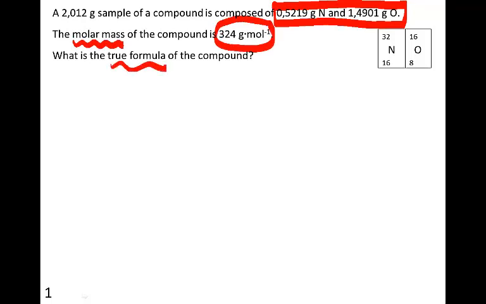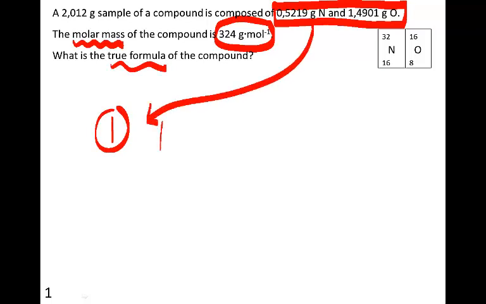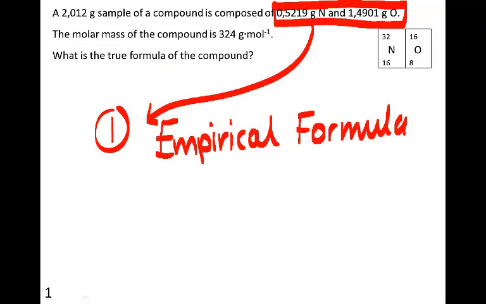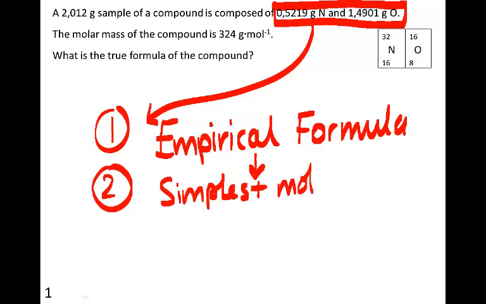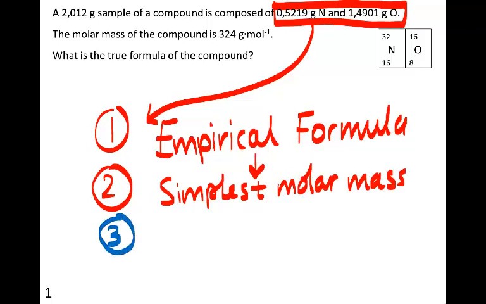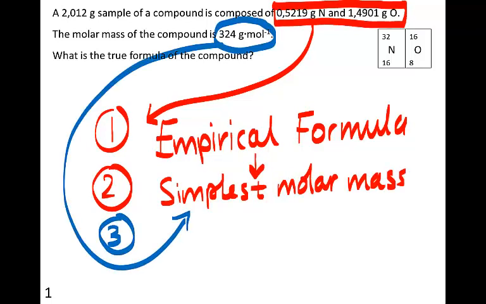So what do we do? The first step we must do is use that information to find the empirical formula. Then secondly, from the empirical formula, we must get the simplest molar mass. Then we must compare that to that which we've been given, the true molar mass. Compare, and you will find either they are the same. If they are the same, the simplest and the true molar masses are the same, then the empirical formula is the true formula.